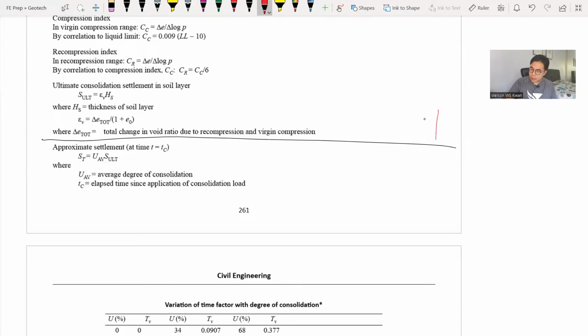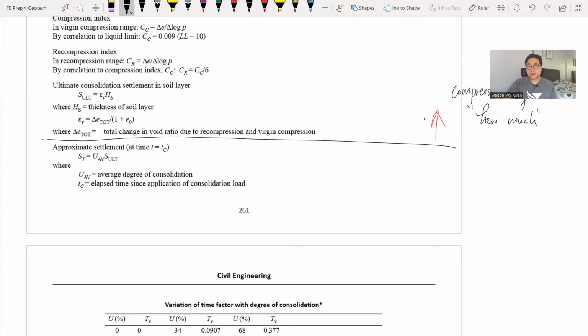So before that, it is the talk about the compressibility of soil, or like the questions of how much settlements.